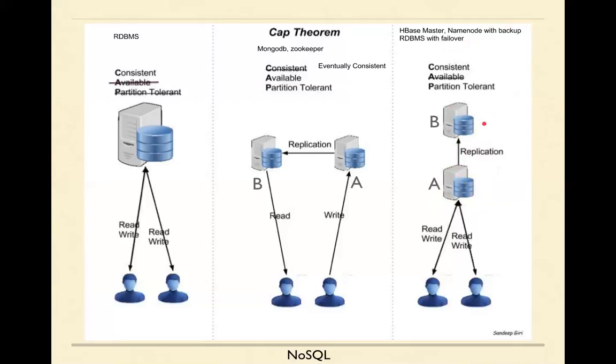Okay. Only in the case of failure, some changes which might not have got replicated to B will be lost. But that's very rare. Okay? And most of these databases, if you remember the model of highly available HDFS, have made sure that it's not only A, but also the client keeps on sending changes to B, both A and B.